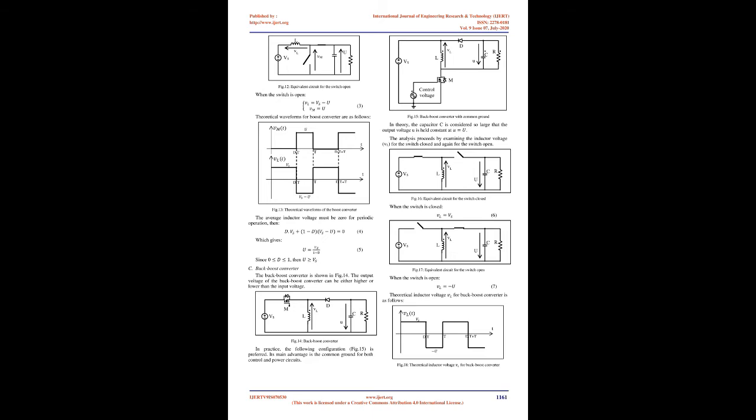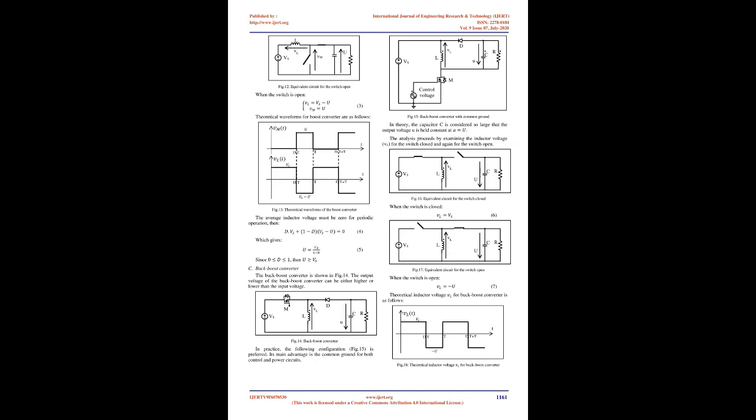The analysis proceeds by examining the inductor voltage, VL, and the switch voltage, VM, for the switch closed and again for the switch open. C. Buck-boost converter. The buck-boost converter is shown in Fig.14. The output voltage of the buck-boost converter can be either higher or lower than the input voltage.